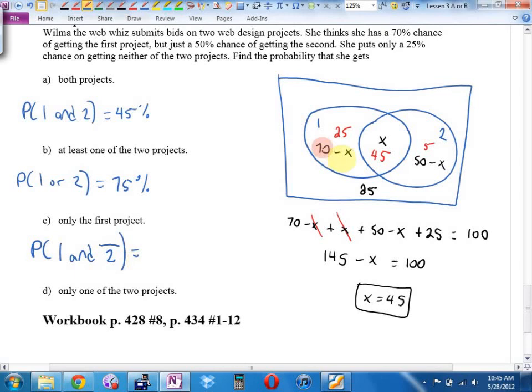Don't use this anymore. 25, isn't it? That's this section right here. How big is it? 25. That's one, but not both. D, only one, but not both.